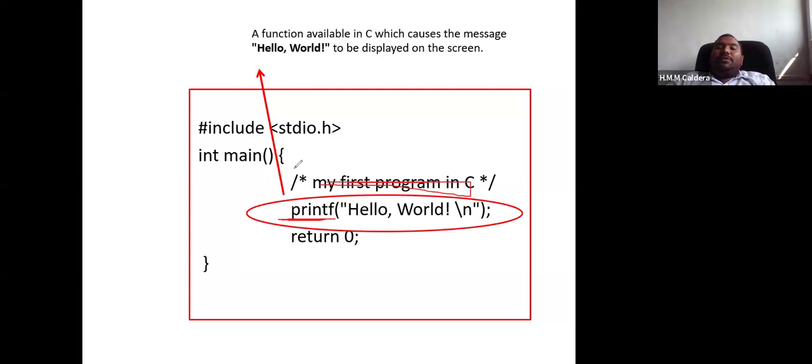What you need to memorize is how you are adding a comment. We have printf, we have hello world, some text inside in here. So you can see this is an opening curly bracket. This is a closing curly bracket.